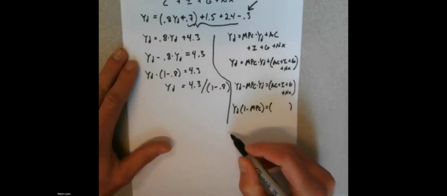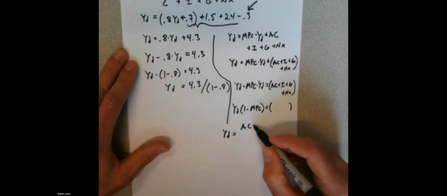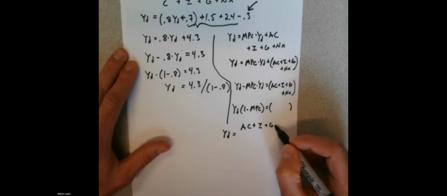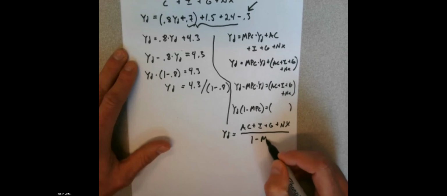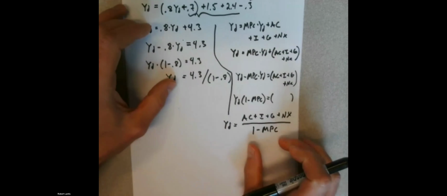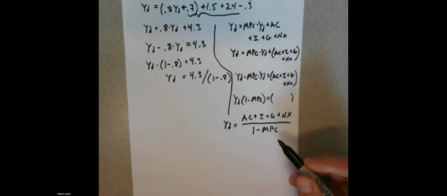So my disposable income was my autonomous consumption plus investments plus government spending plus net exports divided by 1 minus our marginal propensity to consume. That's all I'm doing here. Using the values probably makes it a little bit easier, but the general form of this equation would look something like this.